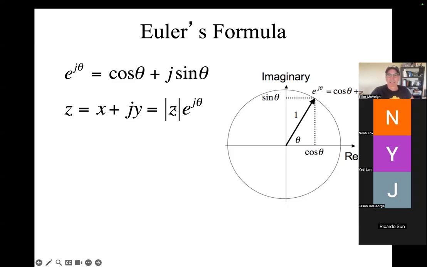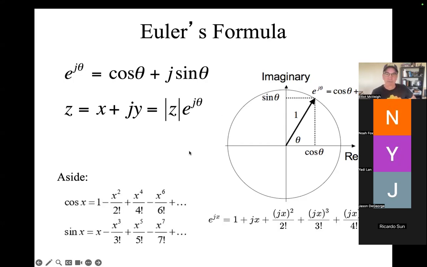You can also write it as the magnitude of the complex vector in the complex plane times a phase term. So this term has a unit length, and the direction it's pointing is given by the phase theta.